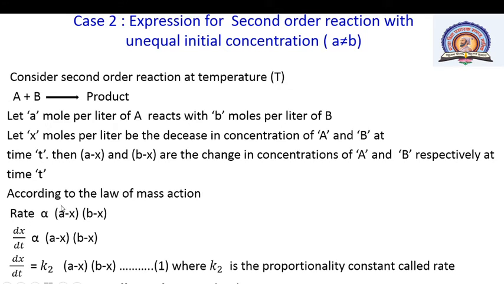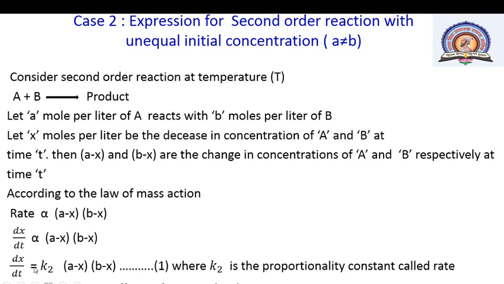But as we know, according to the law of mass action, the rate of the reaction is directly proportional to the concentration of reactant A into the concentration of reactant B. The concentration of reactant A is a minus x and the concentration of reactant B is b minus x. The rate, that is dx by dt, is directly proportional to a minus x into b minus x.